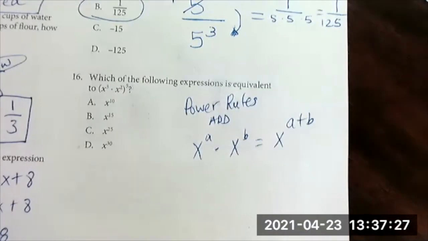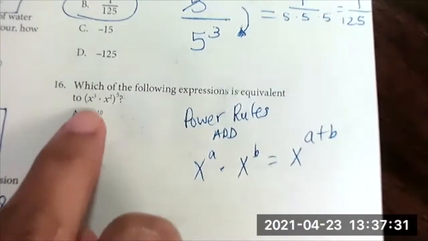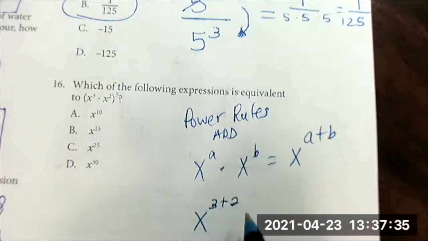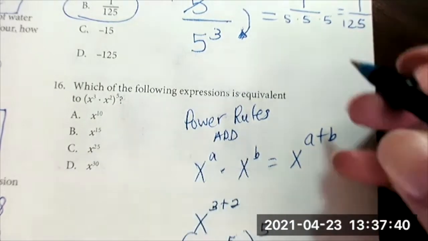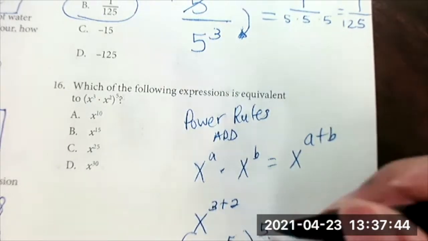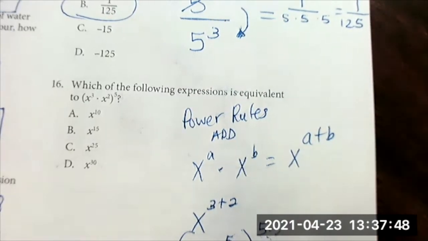I'm going to focus on this right now. You have a 3 and you have a 2, so it'd be x to the 3 plus 2, which is x to the 5. And then you have a power to a power, you multiply the powers. Power to a power, you multiply the powers, which is going to be 25.